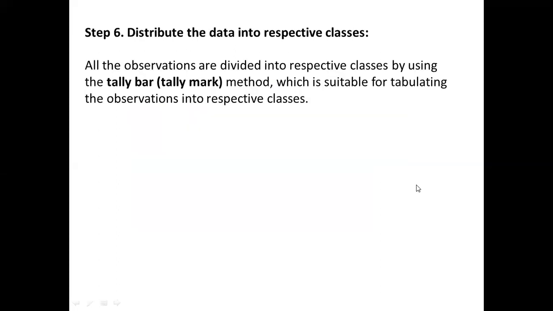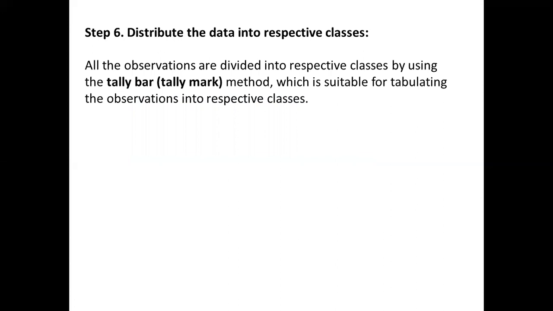Step number 6, distribute the data into respective classes. All the observations are divided into respective classes by using the tally bar method, which is suitable for tabulating the observations into respective classes.